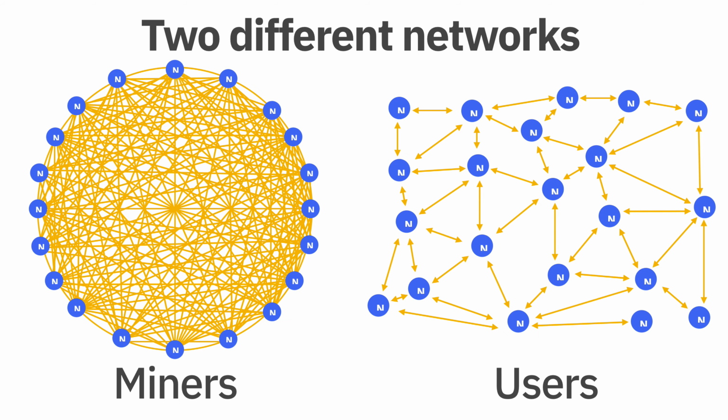So to reiterate this point, there are 2 different peer-to-peer networks in Bitcoin. There's the miner network and there's the user network, and they're not the same thing. This has confused people a lot because a user of Bitcoin is not someone who runs a node. Someone who runs a node is a miner. A user does not connect to every miner and send and receive blocks and things like this. A user does not need any of that information.